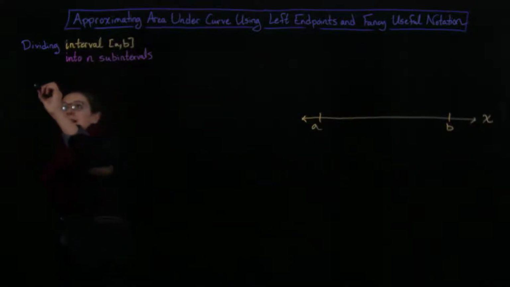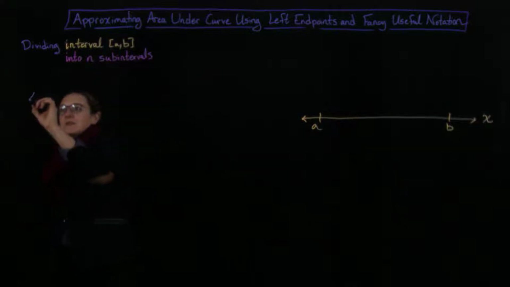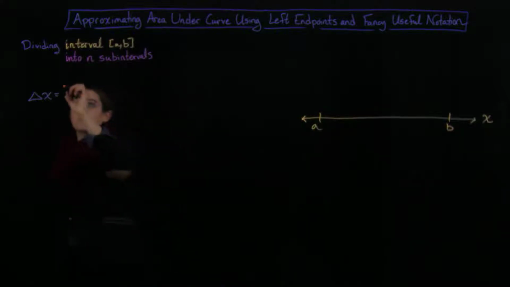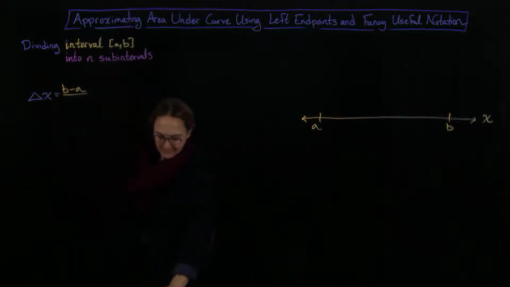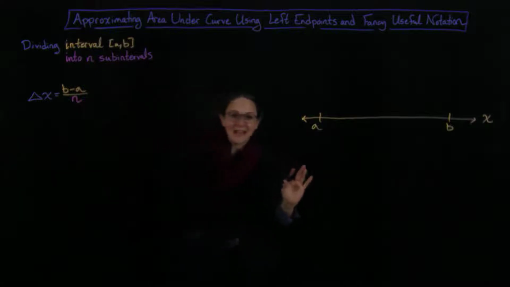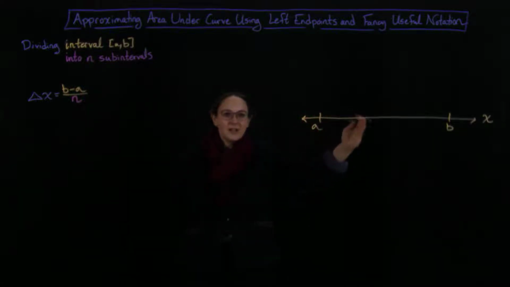The first thing that we get is that delta x equals the width of the top interval, b minus a, divided by the number of subintervals we want. Then we can use that to figure out each of the endpoints.